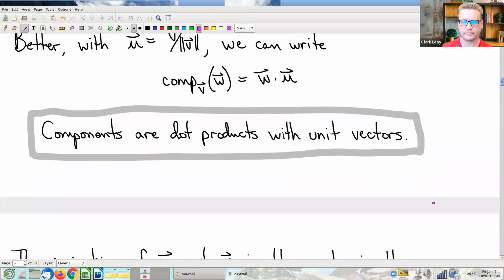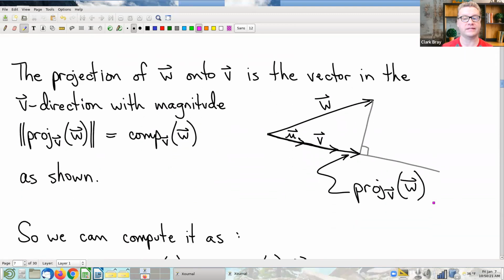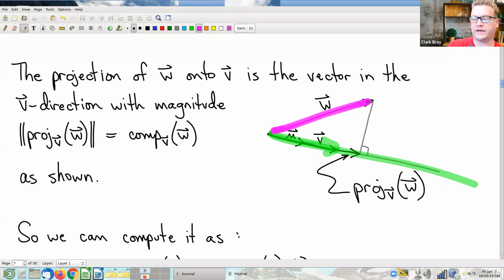Okay. All right, now here's a related concept, projection. You'll notice we have kind of the same picture. We've got a vector that defines a direction, and then we've got another vector. And what I'm going to call the projection now, it's not the distance. That's a component. It's the vector itself.